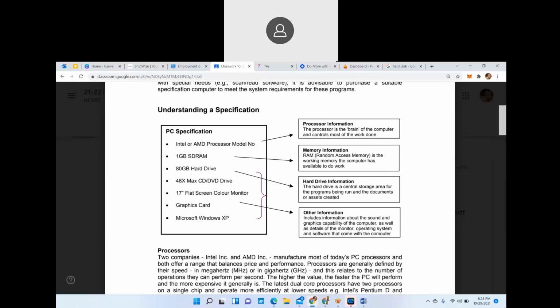The second line usually talks about the memory, and when we talk about memory, we talk about random access memory. The third line usually talks about the hard drive, hard disk drive, or solid state drive. So that's the secondary storage of the computer that stores all your files, all your programs and data, right? Usually they mention CD or DVD. Most times they do, but nowadays they hardly put these on, though sometimes they do.